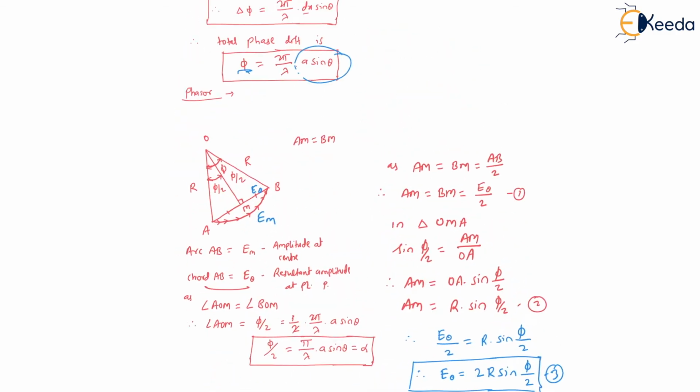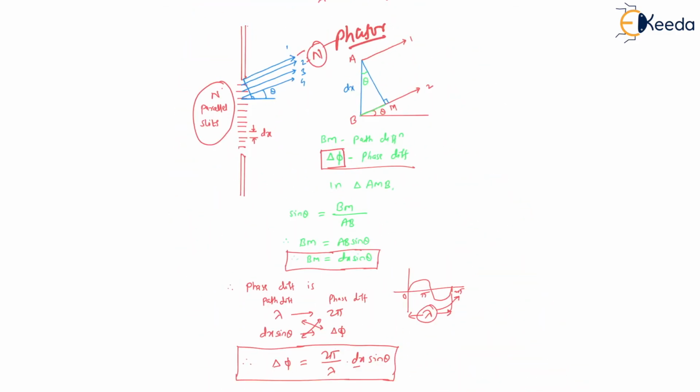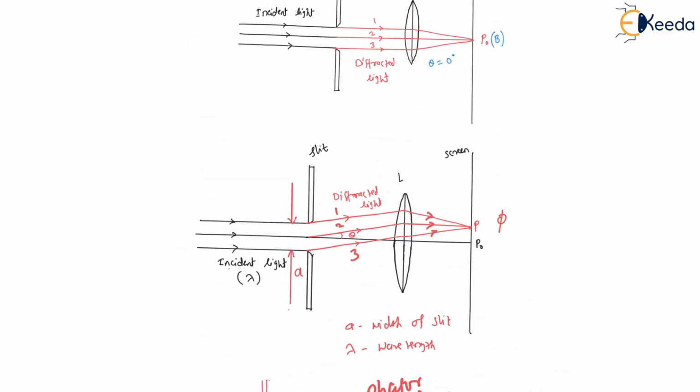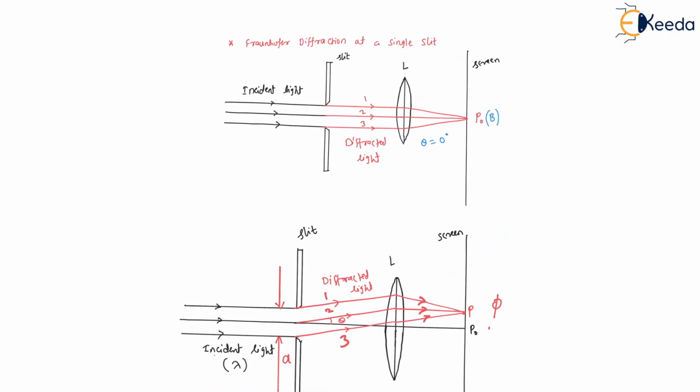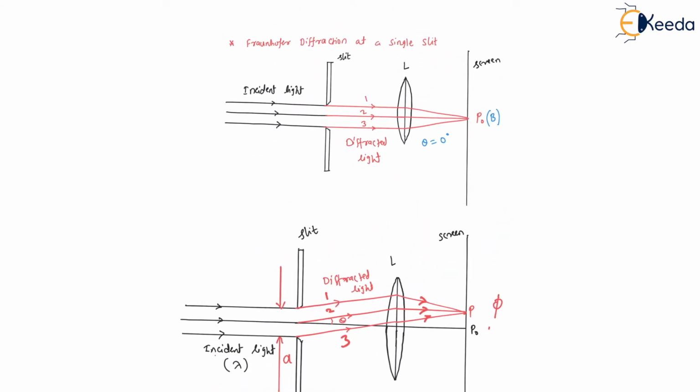Again, we will briefly revise exactly what we have done over here. I'll come to the first diagram. Remember, this is the incident light coming from a light source, or monochromatic light, kept at infinity. So this will be a plane wavefront incident at the slit, and no doubt it will be normal to the slit.